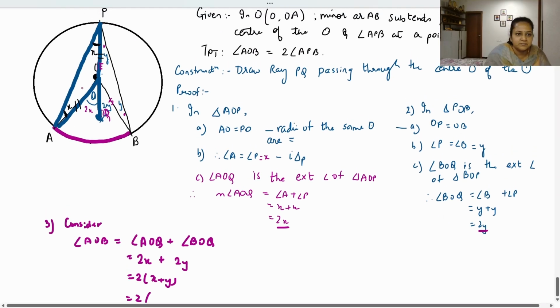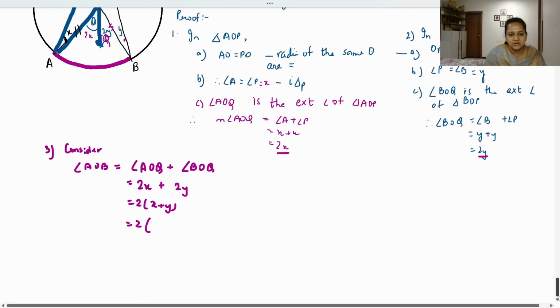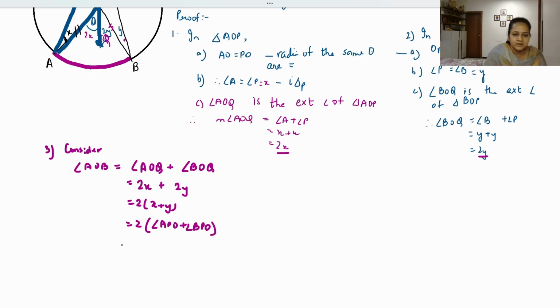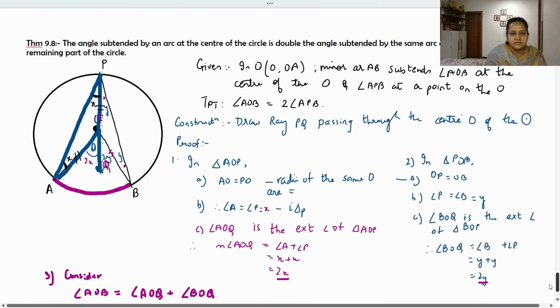X is angle P, A and P, but we'll be needing P. P means APO and Y is BPO, right? From the figure, we can make that out. So I'll write here angle APO plus angle BPO. Now, if we look at it, what is APO plus BPO? Look at the figure, children.